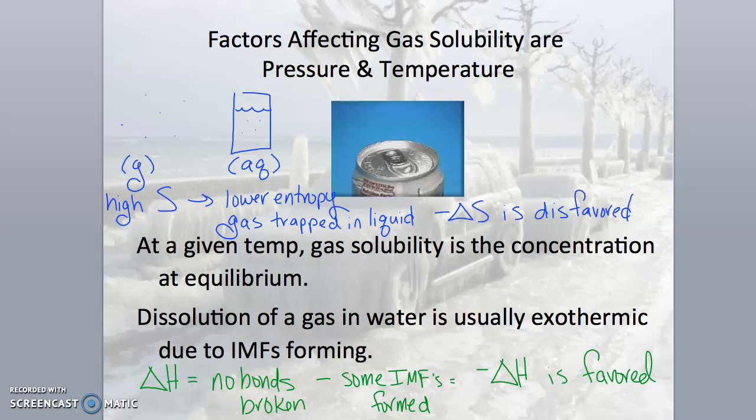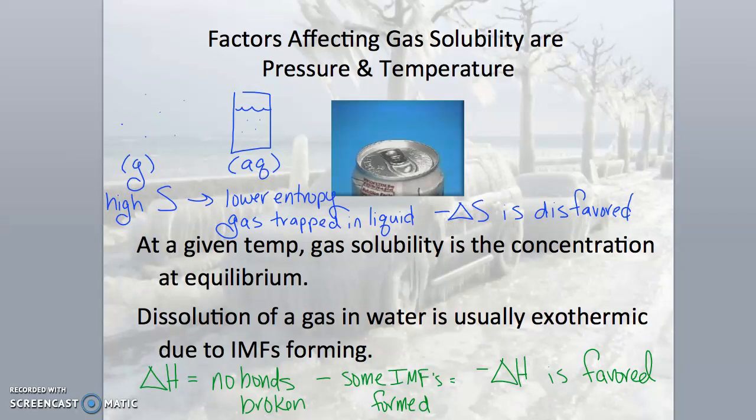But the entropy, on the other hand, is not favored. The gas is really free to move about, and if we dissolve it or constrain it within a liquid, it doesn't have the freedom that it once had. So our entropy is not going to be favored. Another thing we need to consider is that gas solubility is the concentration of that gas at the equilibrium.